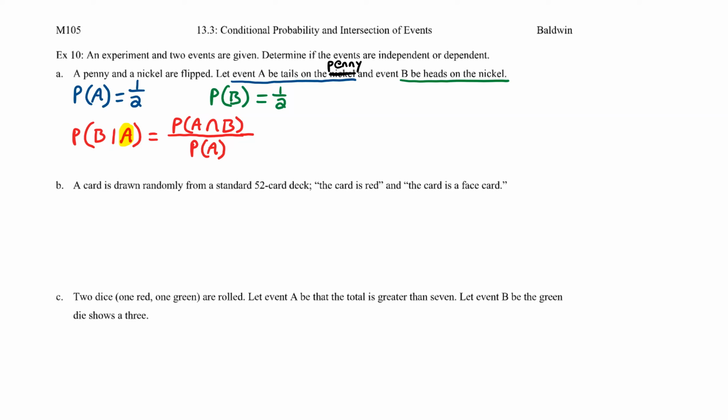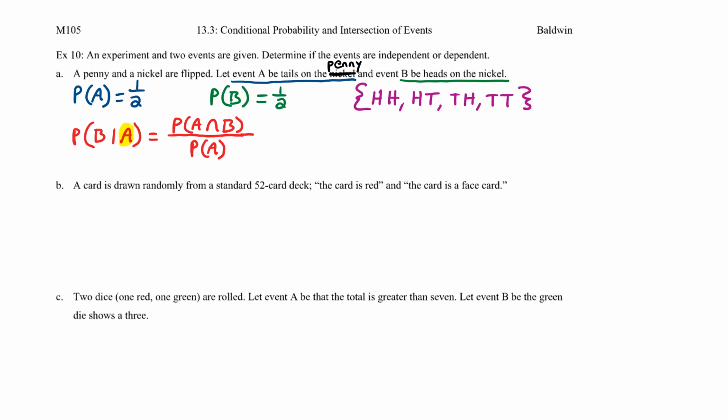When we're figuring out the probability of the intersection, we want to think about the sample space: all of the possible outcomes from flipping these two coins. Both coins could land on heads. The first coin could land on heads and the second on tails. The first could land on tails and the second on heads, or they could both land on tails.